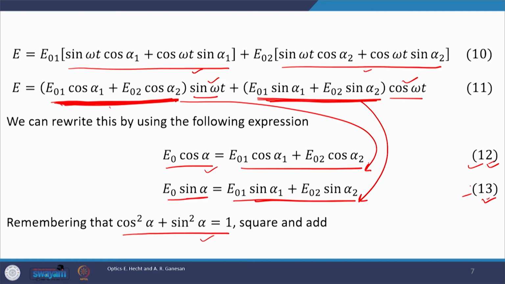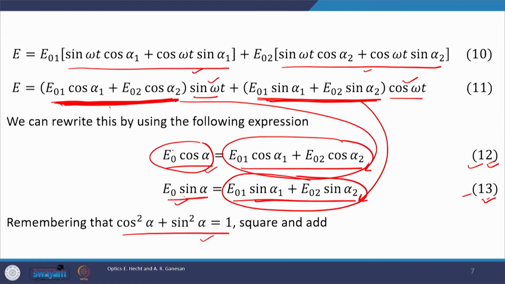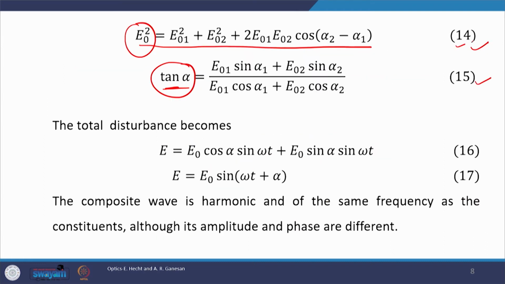We replaced this term by E naught cos alpha, and the second term with E naught sin alpha, where both E naught and alpha were unknown. By using equations 14 and 15, now we can get the value of E naught as well as the value of alpha. Everything is known now.